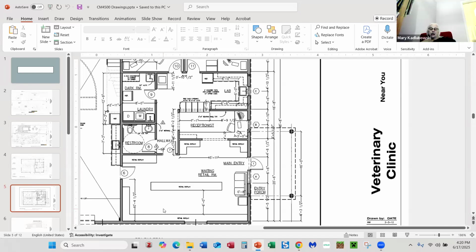You can use anything you want, but it needs to come into D2L as a PDF or a PowerPoint. Whatever you've got access to that you know how to use is perfectly acceptable.